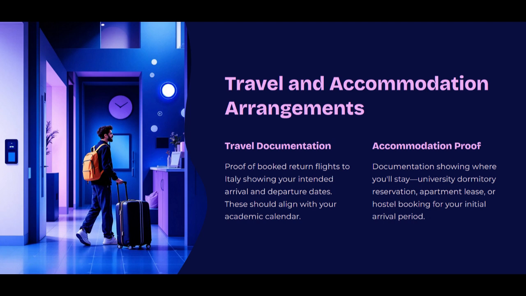You should show the proof. And after that, accommodation proof, where you will stay, like near the university or near any other place, like an apartment. You should book an apartment, or you should rent a hotel, or you should rent a room also for your initial arrival period.